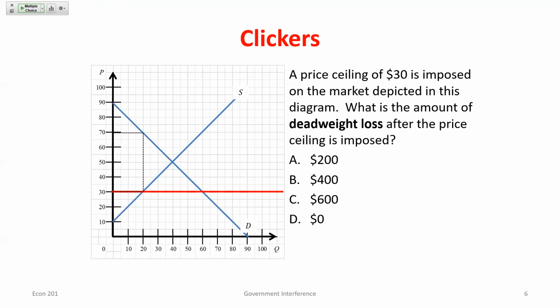If we go up to that point on the demand curve, all of this now becomes consumer surplus, because the price people have to pay after the government imposes the price limit is a little bit lower.